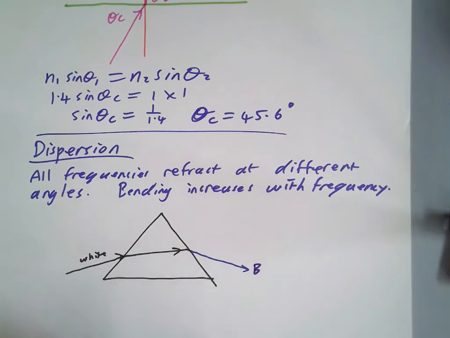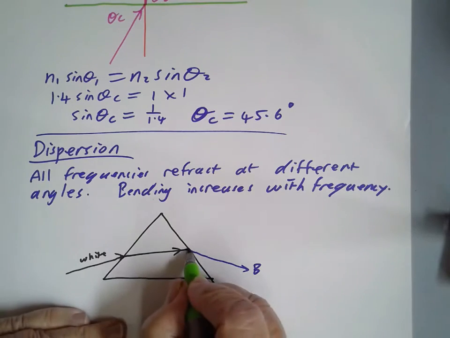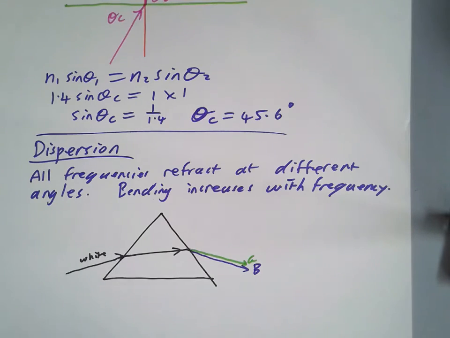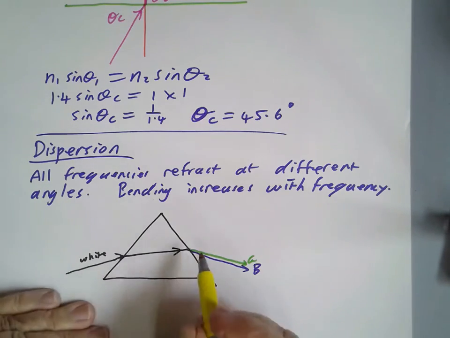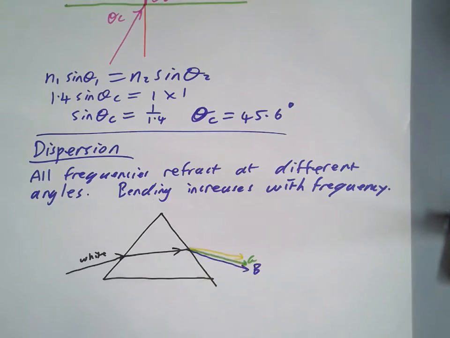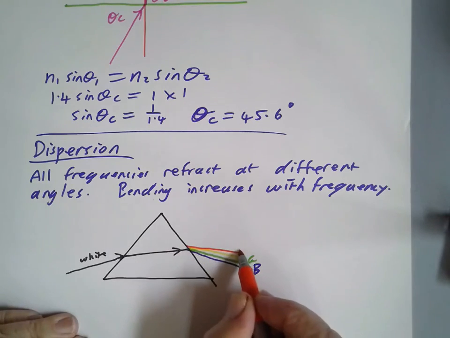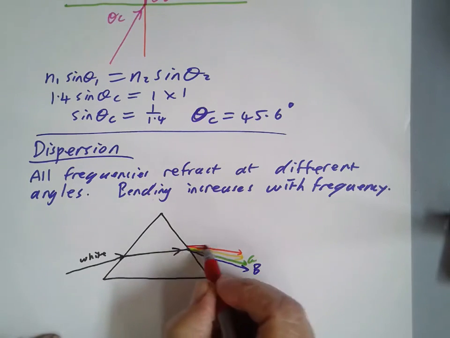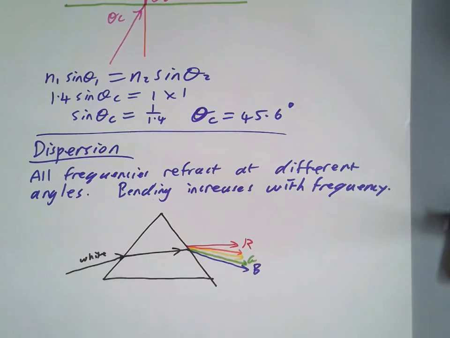So, blue, green, yellow, in theory orange and red. I don't have the right textures for all the rest. And obviously I exaggerated the bend because they do all bend. But different frequencies bend different amounts, and that's what we call dispersion. Okay, that's the finish of this one.